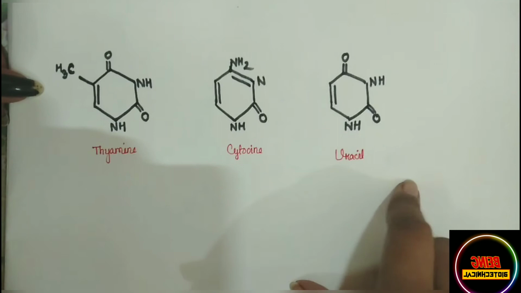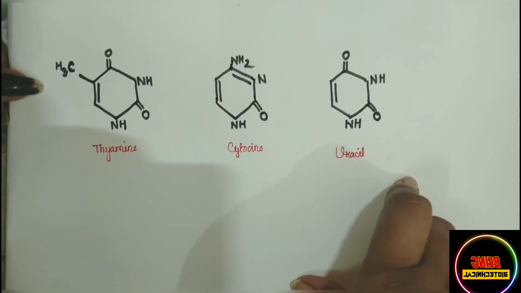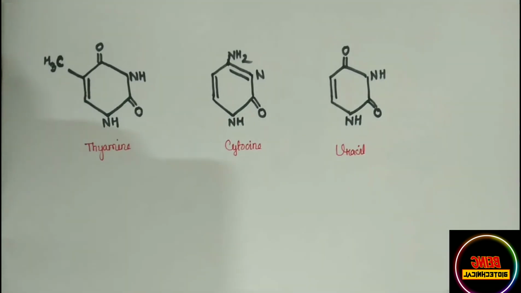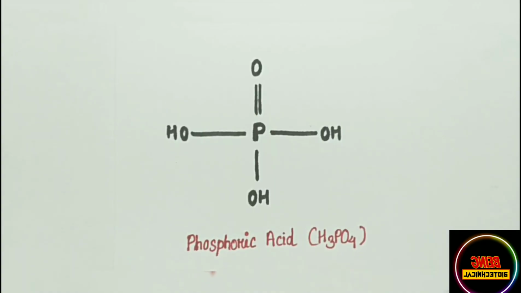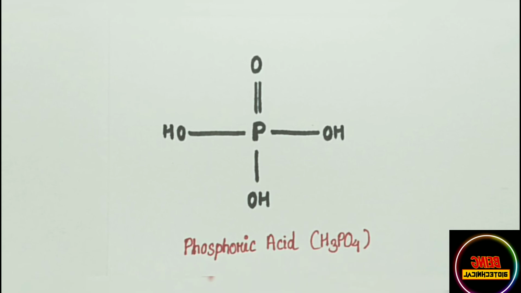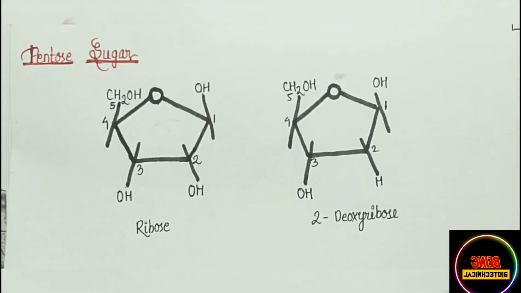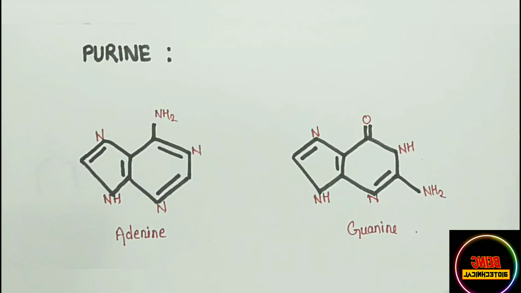So with this, we now know the structure of all three components of nucleotide, as we already discussed the structure of phosphoric acid, pentose sugar and nitrogenous base. Please do practice drawing these structures by following the simplified ways of recalling them, as I explained, so that you would never forget their structures.